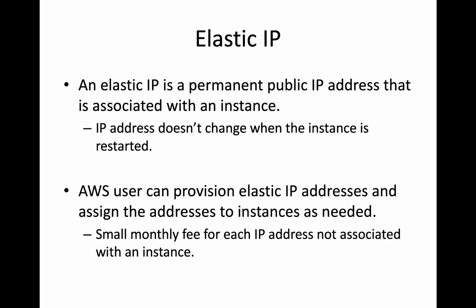Well, there might be times where you want to associate a persistent public IP address, a permanent IP address, with an EC2 instance. And you can do that using what is called an elastic IP. And the elastic IP is a permanent IP address, a public IP address that is associated with an EC2 instance.